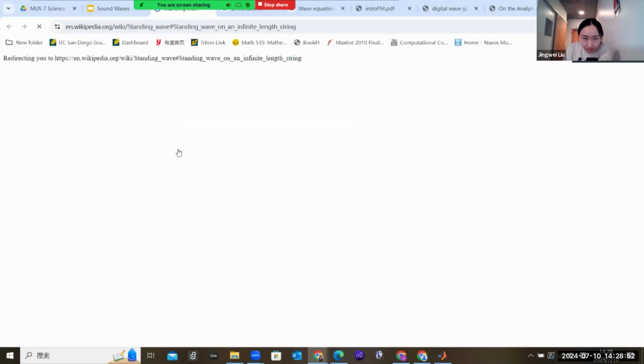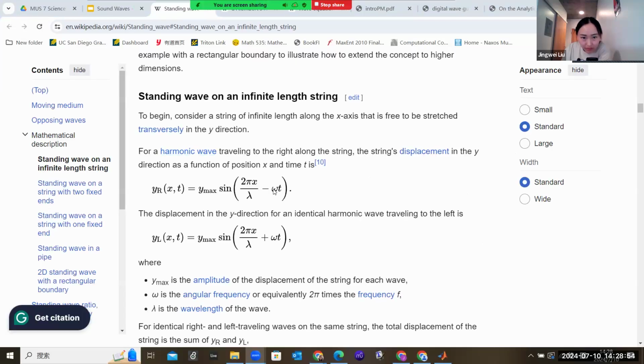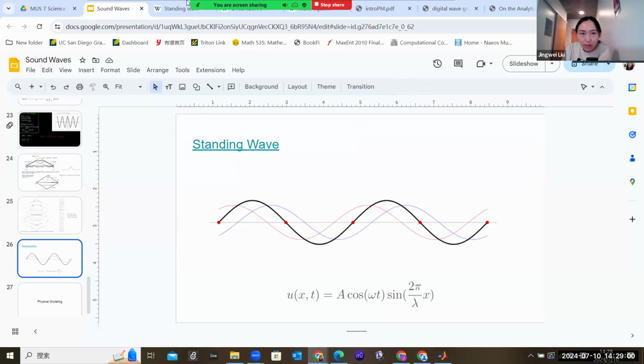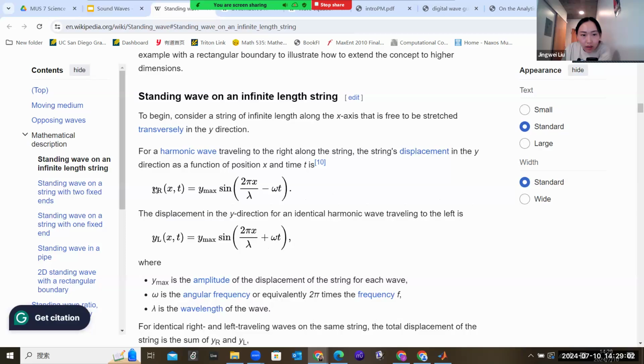Okay. So there are two waves, right? At least we know there are two traveling waves, left and right. They are sinusoidal. Therefore, we write out the right traveling wave like this. Notation: this is the right traveling wave, YR, and this is the left traveling wave, YL.